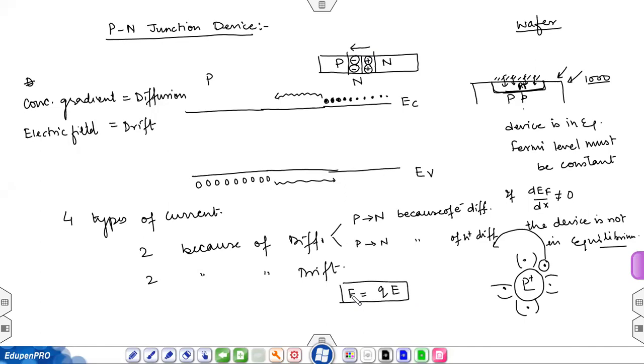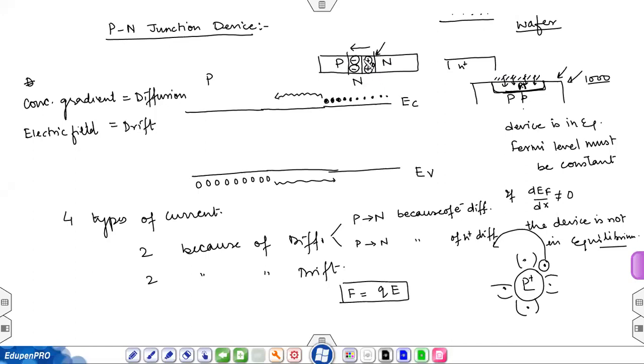Now, in N-type semiconductor, there are some minority charge carriers also. ऐसा थोड़ी है कि in N-type semiconductor you have only electrons. You also have some holes. वो तो जो room temperature पे 10 to the power 10 holes थे वो तो है ही. So you also have some holes in N-type semiconductor. And let's say this hole is very near to this region. Let's say here there is a hole.